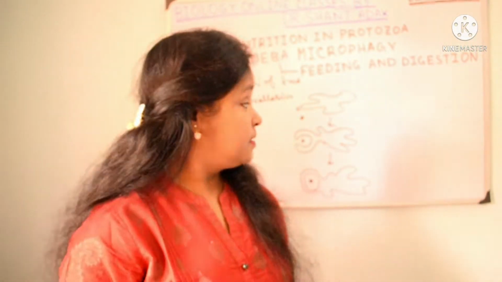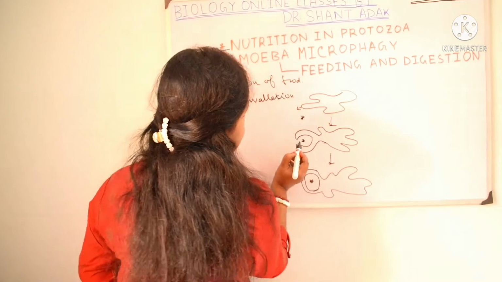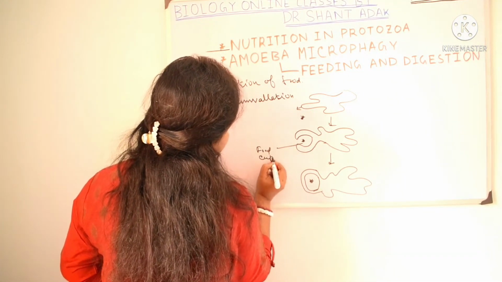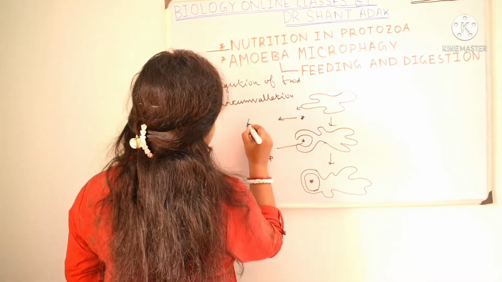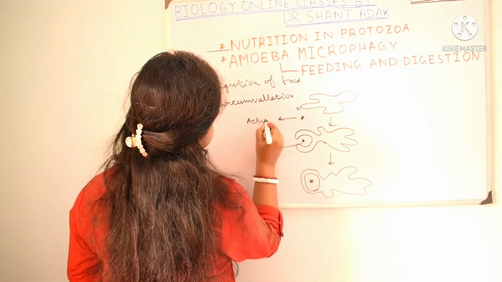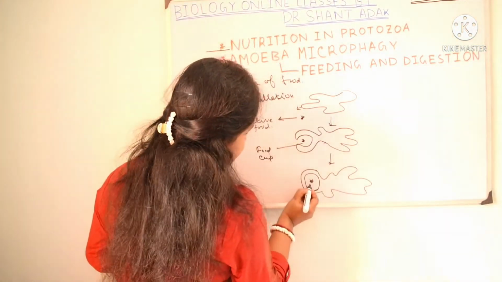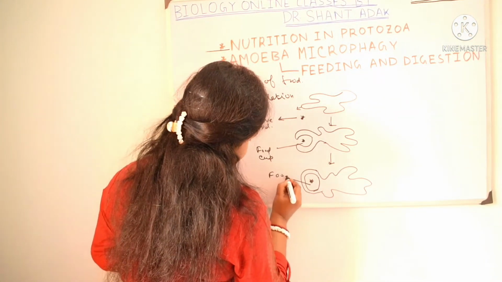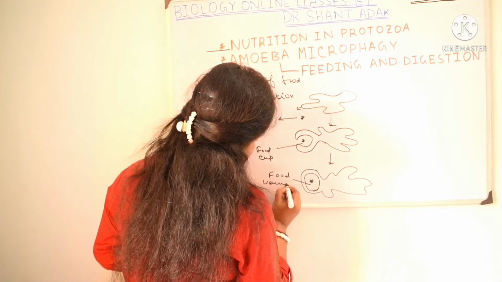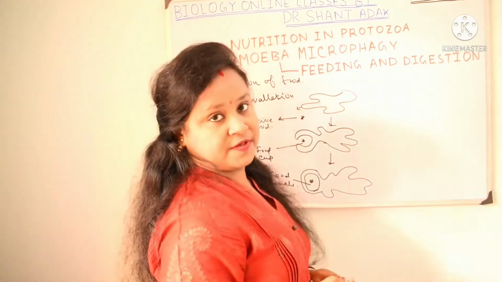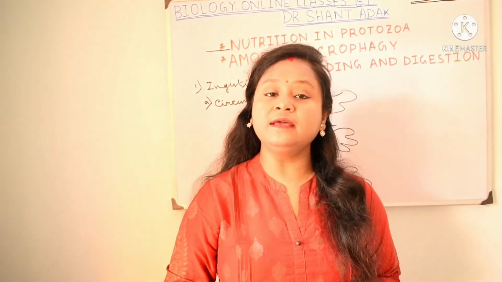This one is called the food cup. This one is known as the food vacuole. This is the circumvallation process, a type of food ingestion by amoeba.